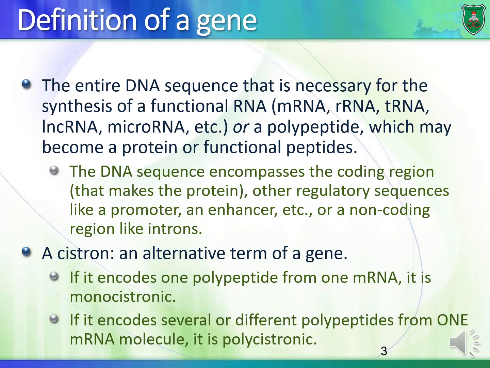Or this cistron can produce different polypeptides, different proteins with different functions from one messenger RNA. And here I'm specifically talking about mature messenger RNA, and this is called polycistronic mRNA.